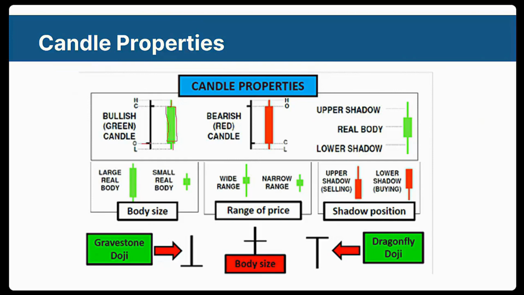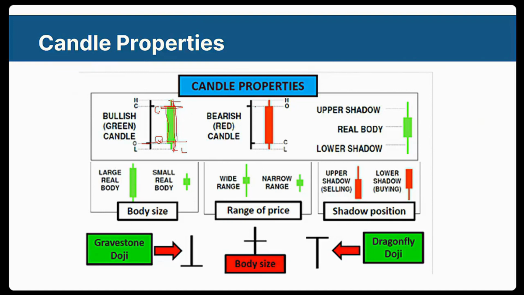If the price opens at 9:15 when the market opens, at this place, and then the price travels down, makes a new low, then the price moves up again, makes a new high, and then at 3:30 the price settles here, and that is the close. So if the open is lower, here, and the close is on the higher side, then the candle color would be green.